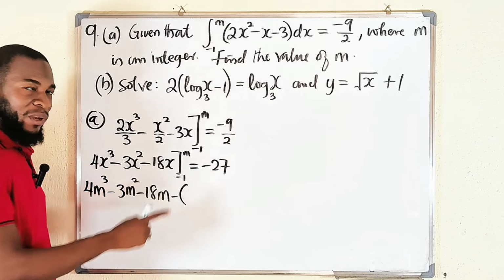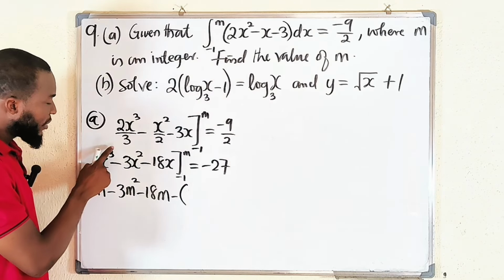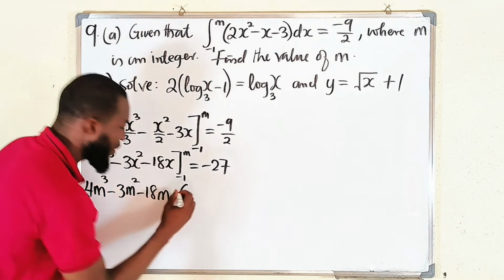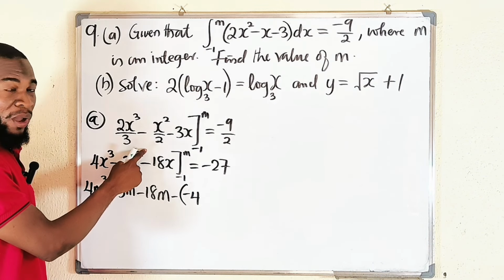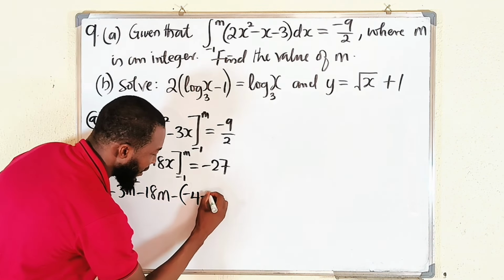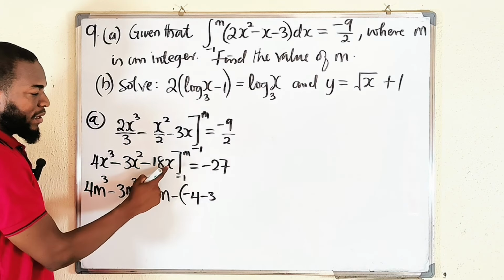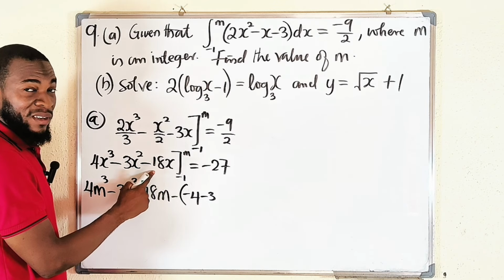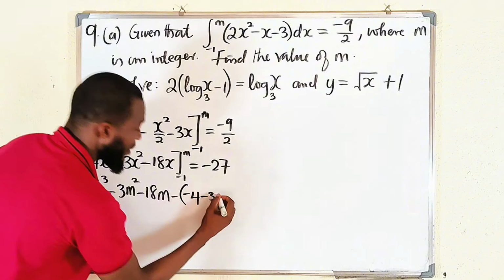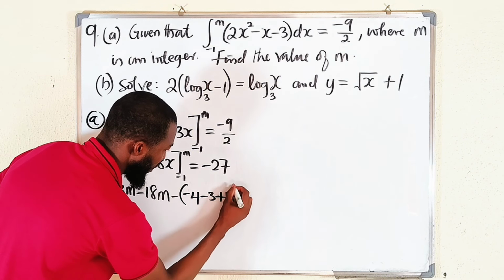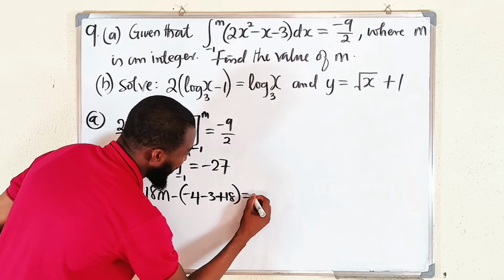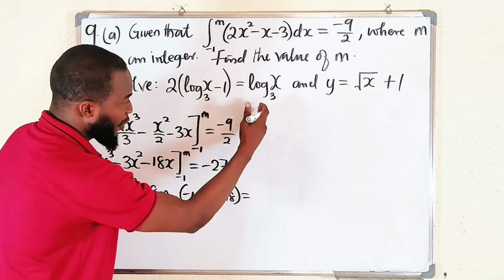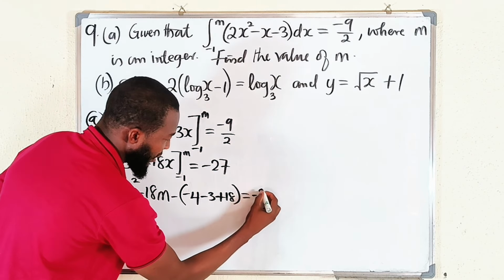Wherever you have x, replace it with -1. -1 to the third power is -1 times 4 is -4. -1 to the second power is 1 times -3 is -3. -1 times 18 is -18. We have another negative. This is +18. All right, everything equal to -27. I don't want to consume a lot of space here, so this is -27.